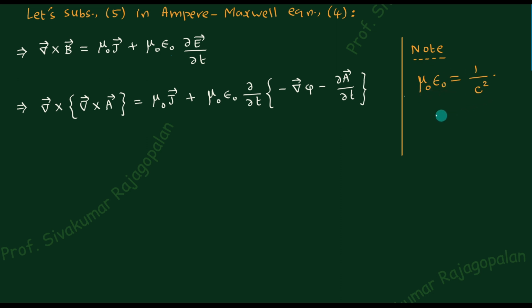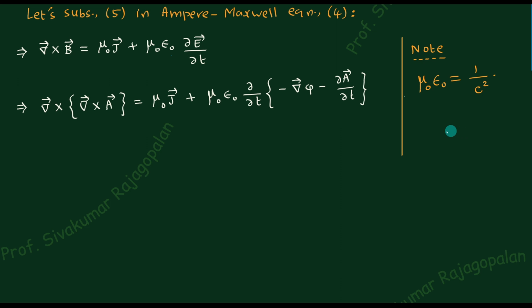And one thing that some of the students get confused about is whenever c comes, c is what? Speed of light, right? Whenever c comes into the picture, some students think that the equation is written in the cgs system of units. It is not so.